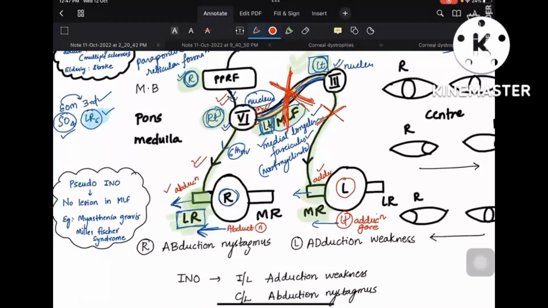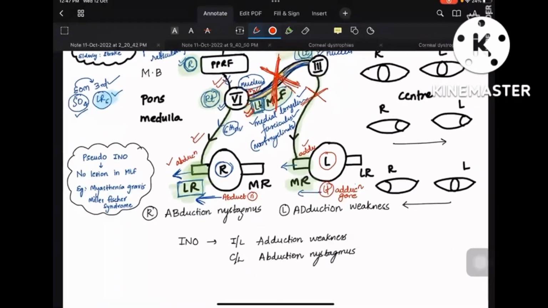So this is happening when left MLF is lost, right? That is what I have written here. Whenever an MLF is gone, you call it INO. So let us suppose left MLF is gone. That causes left-sided adduction weakness and right-sided abduction nystagmus, because the right-sided abduction movement is normal.